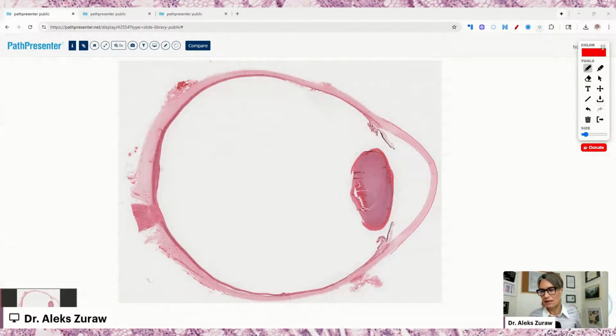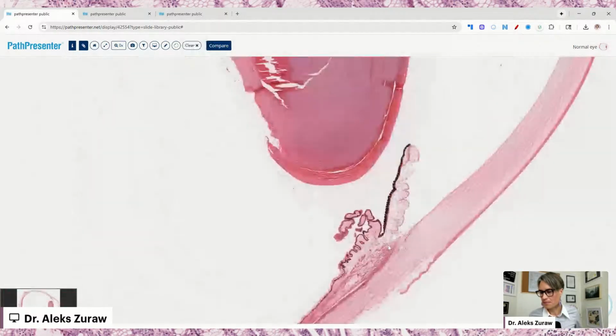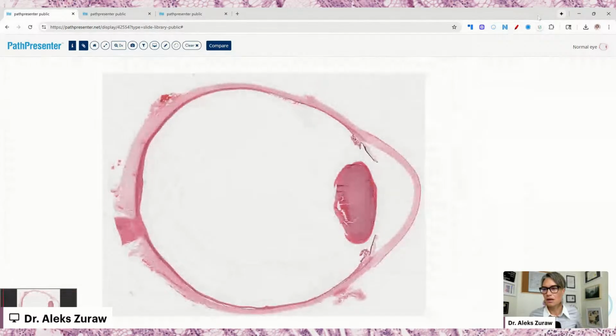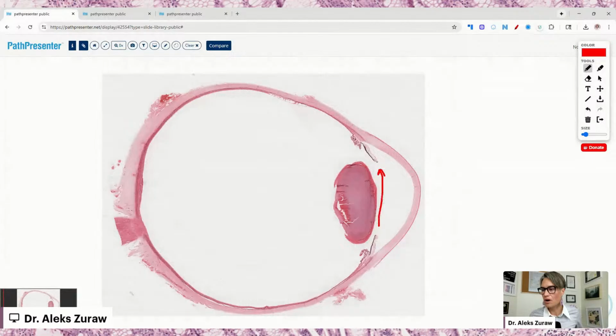And let's go to the vascular tunic. First, iris. You can see that there's space in between these two flaps, these two pieces of the iris. And we have the anterior border of the iris and the posterior epithelium.